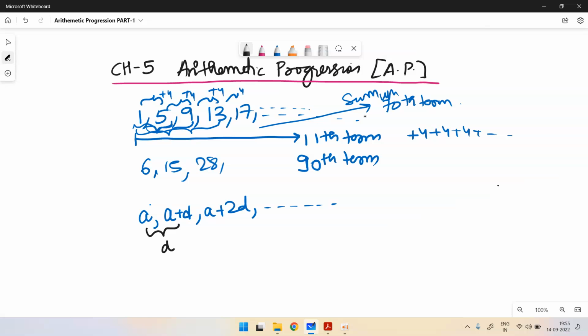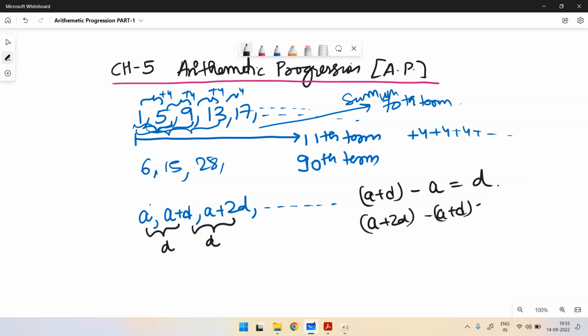That is, a plus d minus a is d. A plus 2d minus a plus d is also d. The second term minus the first term is d, and so on for any consecutive terms; the common difference is d.